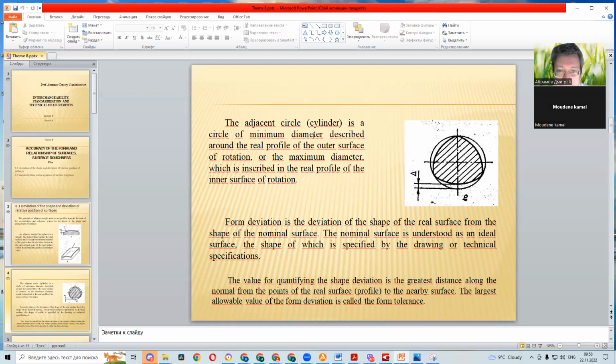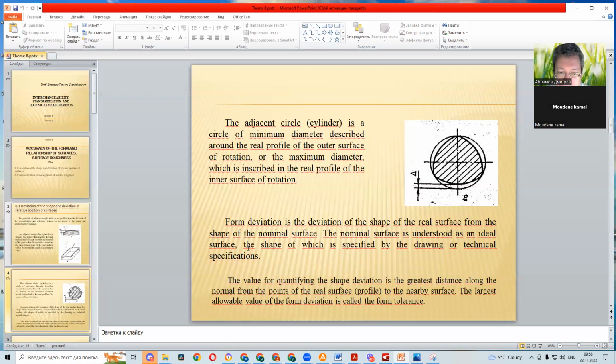This circle is described around the real profile of the outer surface of rotation, and for the inner surface of rotation it is the inscribed circle of maximum diameter. Form deviation is a deviation of the shape of the real surface from the shape of the nominal surface.